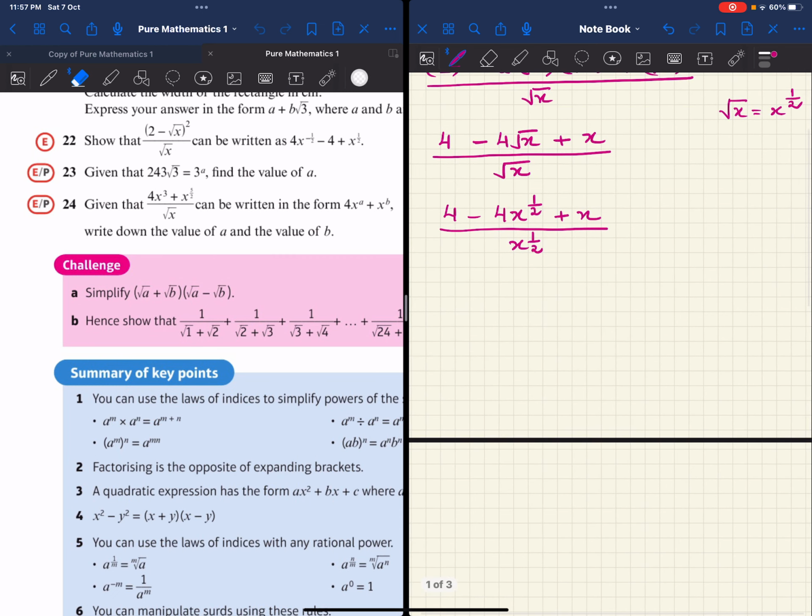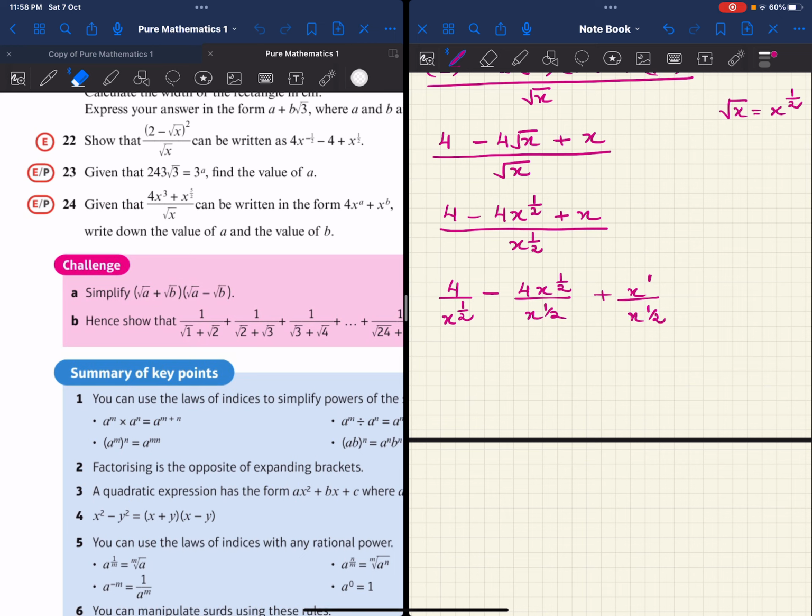Now we can separate our fractions. So 4 divided by x to the power of half, minus 4x to the power of half divided by x to the power of half, plus x to the power of 1 divided by x to the power of half.